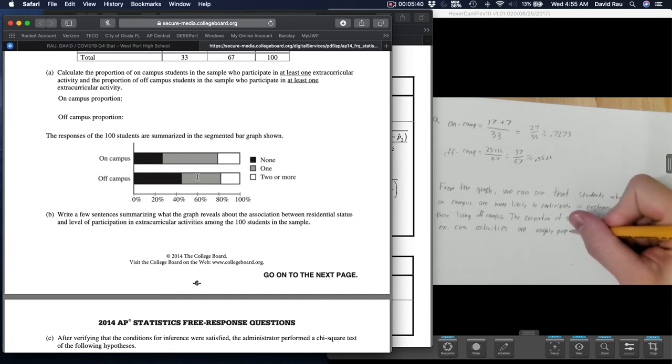You could say approximately. All right, now in other words, you can see that they're not that far different in how much space they take up. So they're almost the same width, so that means they're almost the same proportion.